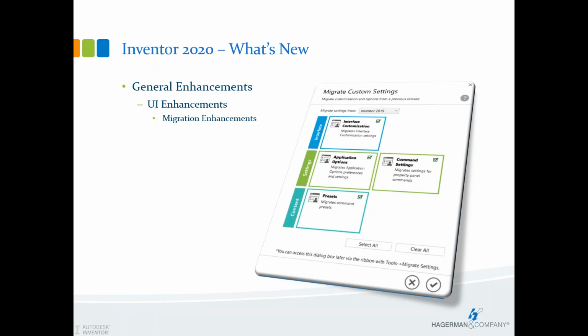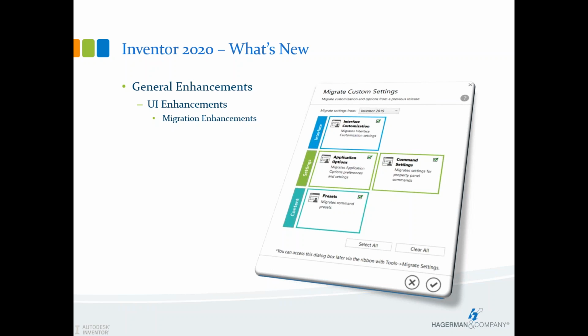And now with presets here in the lower left of this migrate custom settings options, that's going to bring any presets that you had saved with your Inventor 2019 hole command or hole UI forward into Inventor 2020 as well. So if you've saved some presets or your favorites in the hole UI, those will automatically be brought in as long as you select that.